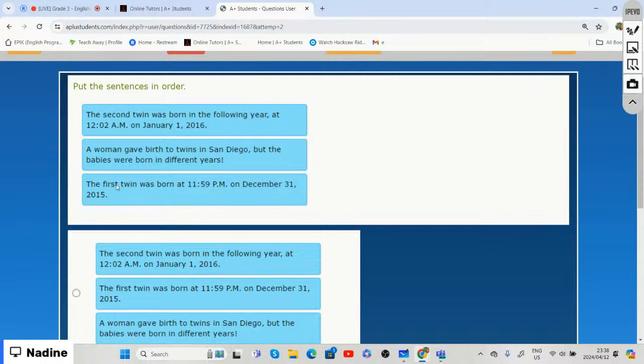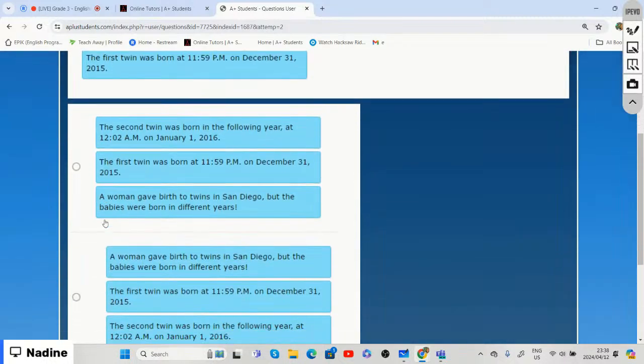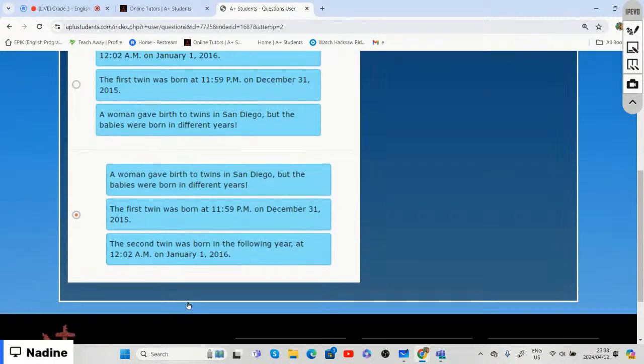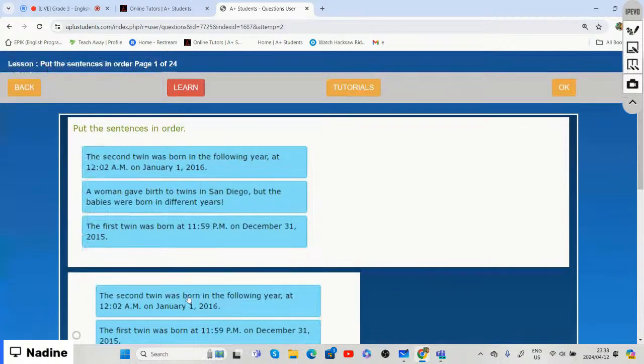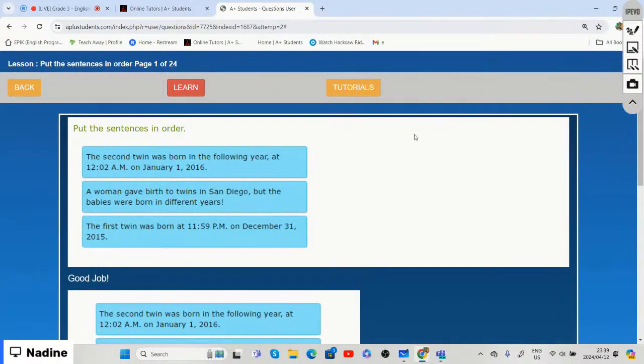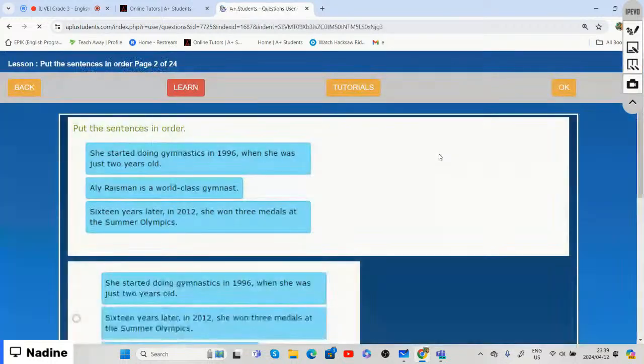Then we can say the first one was born at 11:59 p.m. on December 31, and then the second one was born in the following year at 12:02 on January 1, 2016, which means that we will choose the second option, not the first option. We'll choose the second option because it basically shows us the sequence of events. And the second one is correct.